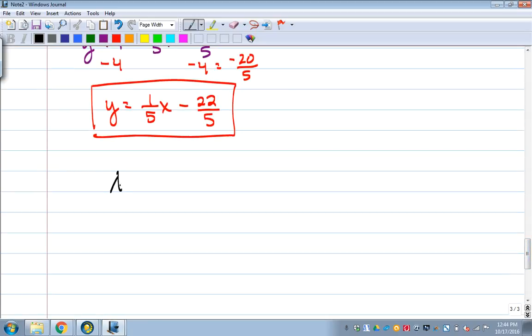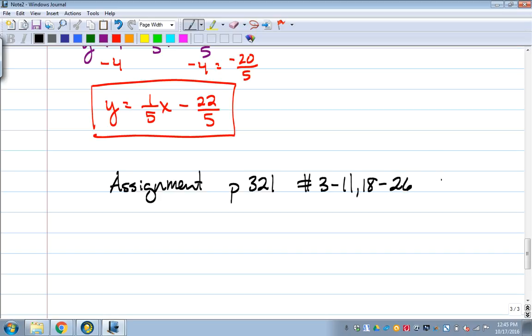All right, so your assignment for today is on page 321. We're doing numbers 3 through 11, and then 19 through 25.